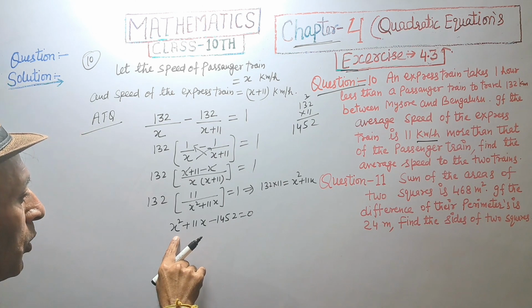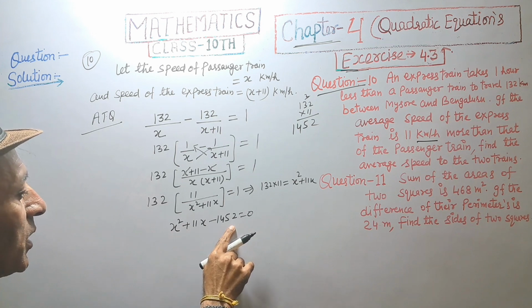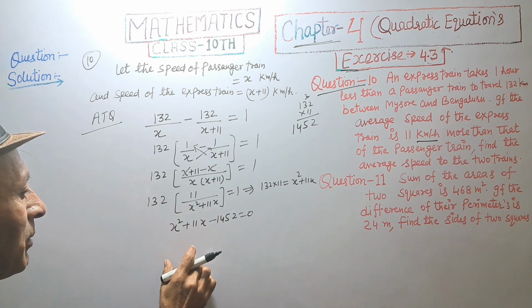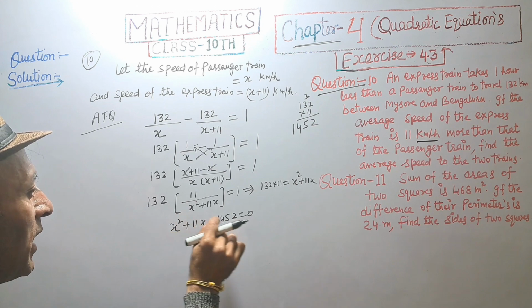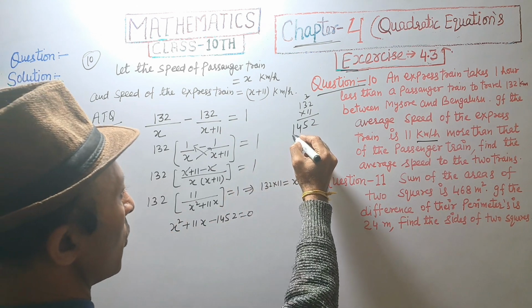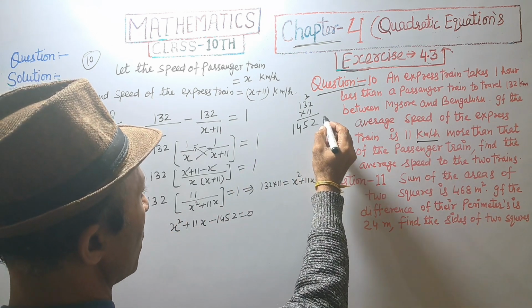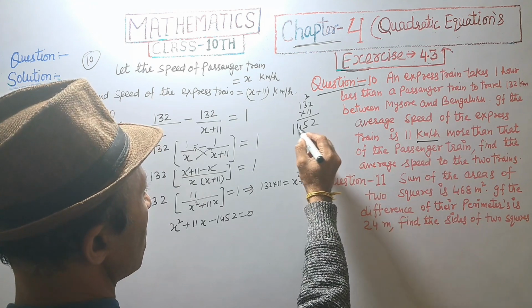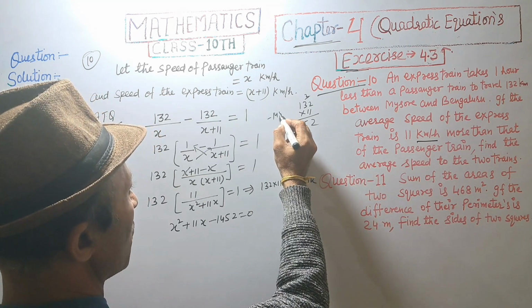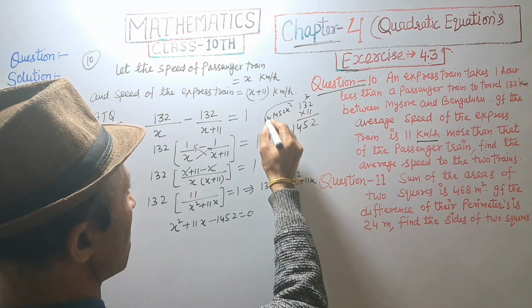Splitting by the middle term, the product of first and last is minus 1452 x square.